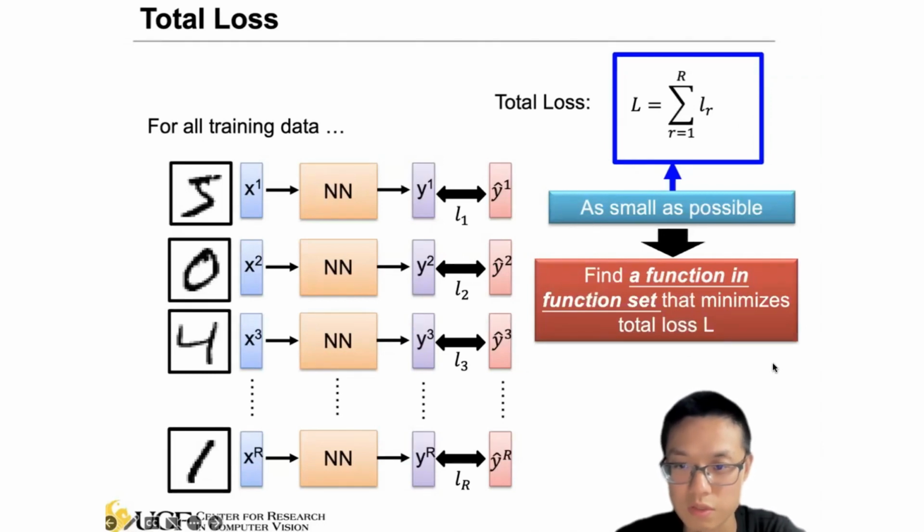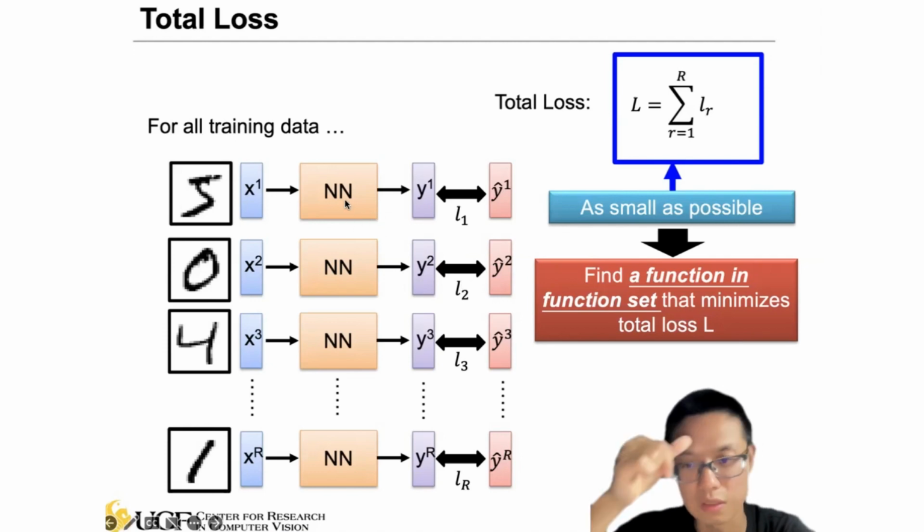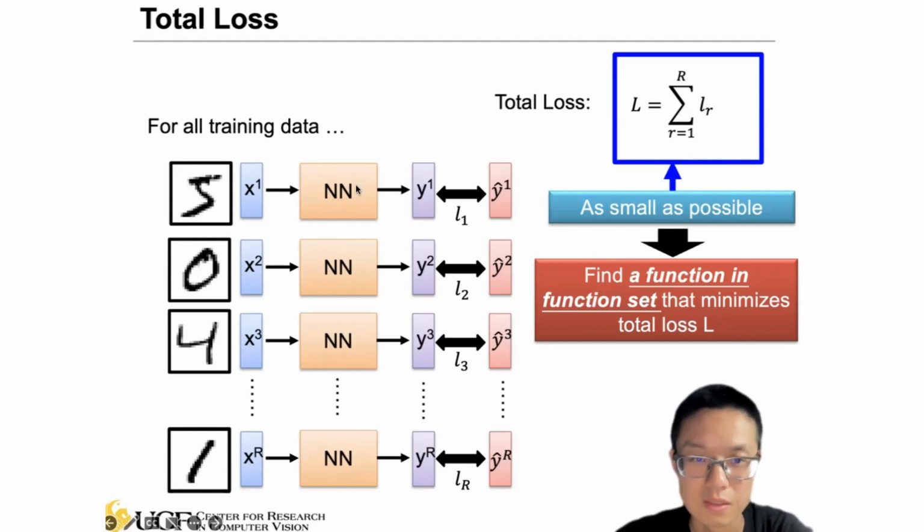So in this case, we're trying to find a function in the function set that minimizes the total loss. Remember, as I mentioned earlier, the parameters of this neural network indicate a function set. If you change the parameters, you have a different function. So essentially, we want to find a set of parameters that give the best output, so that the loss is at the minimum.